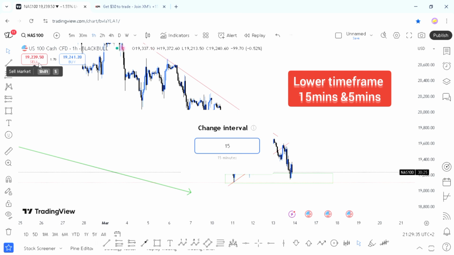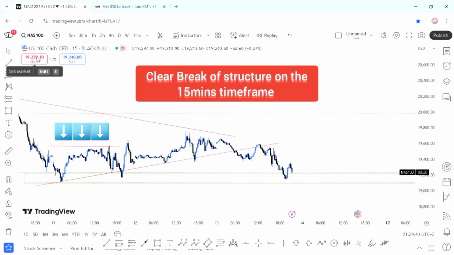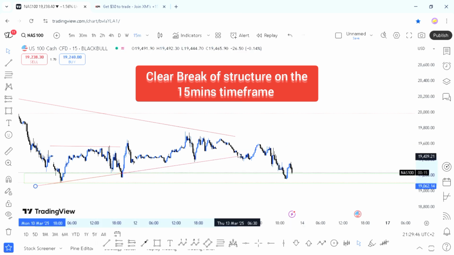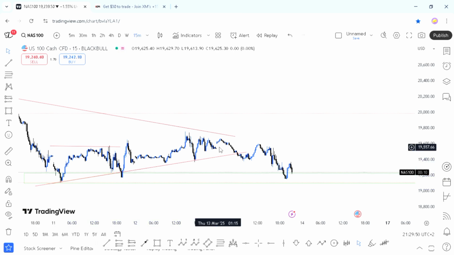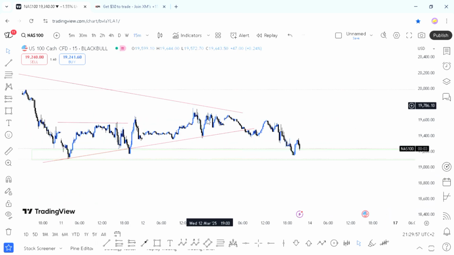So when we go to our lower time frame, 15 minutes, we can see we had a clear break of structure on the 15 minutes, and now the market went to pull back to our first lower low before we could actually create a new higher low.